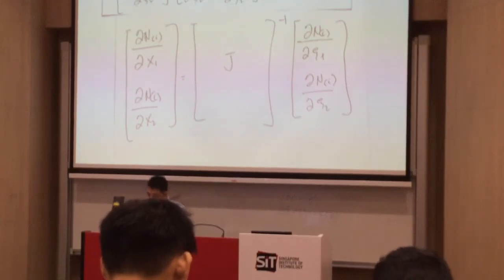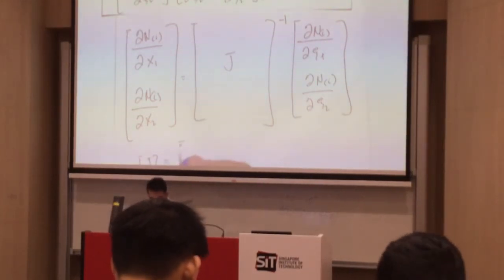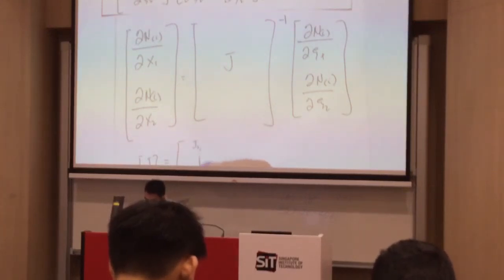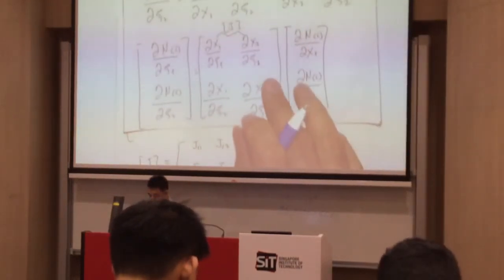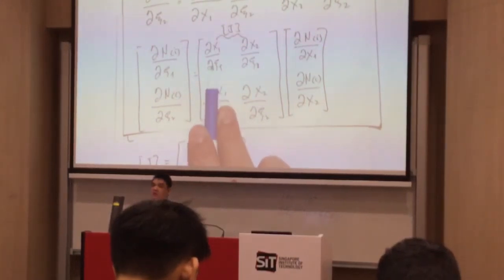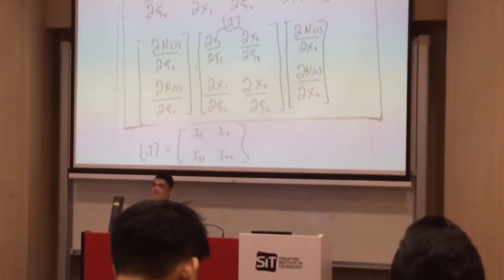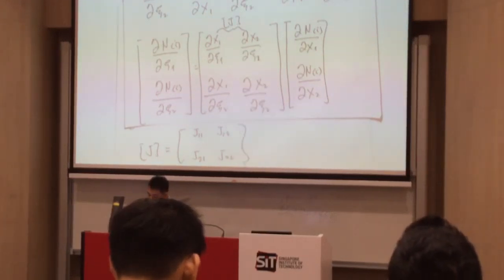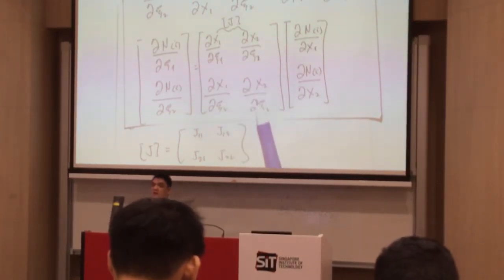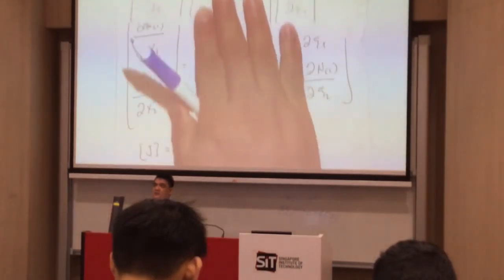So here, most likely I can have my Jacobian to be, to make it simple, J11, J12, J21, J22, wherein J11 will be equal to that, J12 is equal to that, J21 is this, and J22 is this one. Yes?